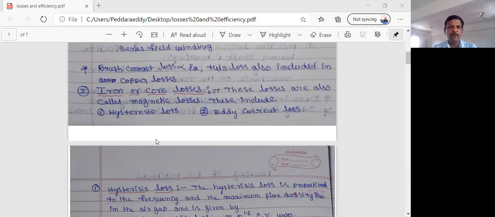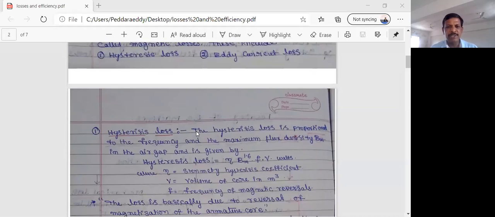That's why they are called either magnetic losses or core losses. These include hysteresis loss and eddy current loss. So iron losses are of two types, hysteresis loss and eddy current loss. Let me see what hysteresis loss and eddy current loss are.